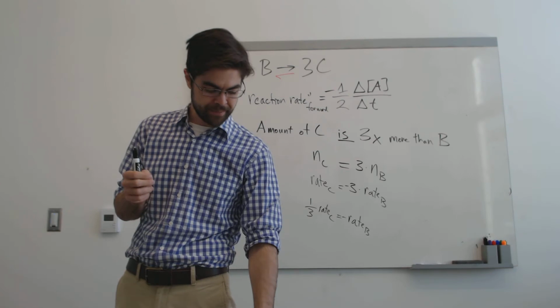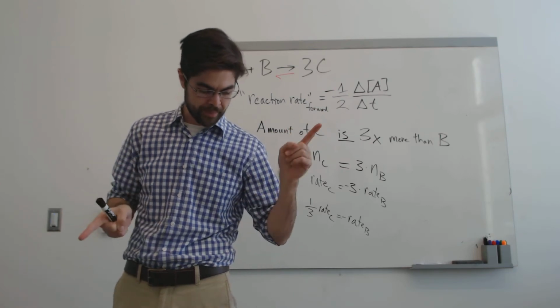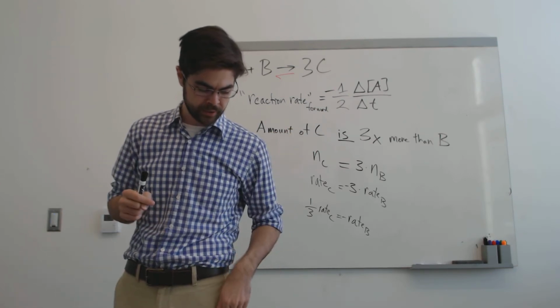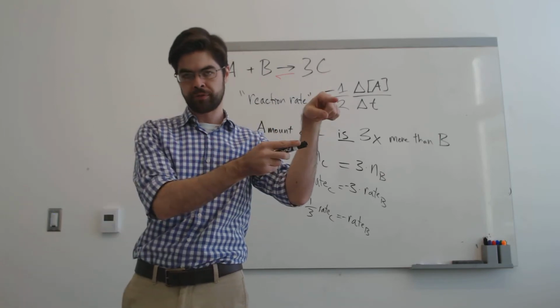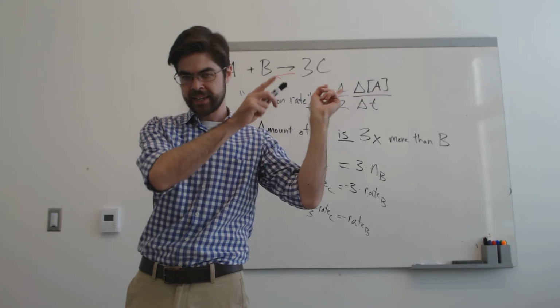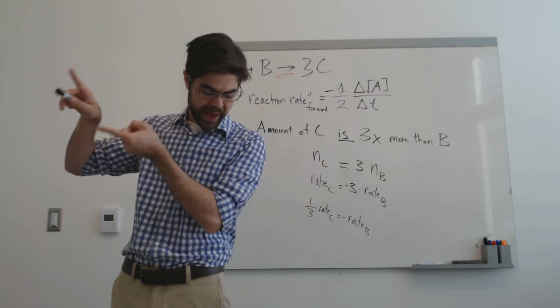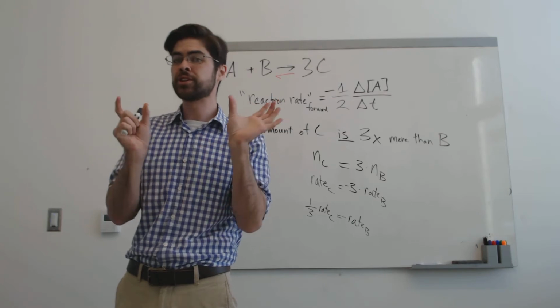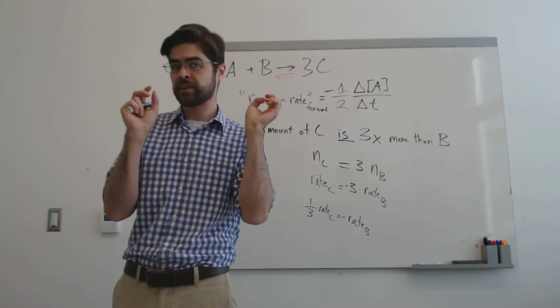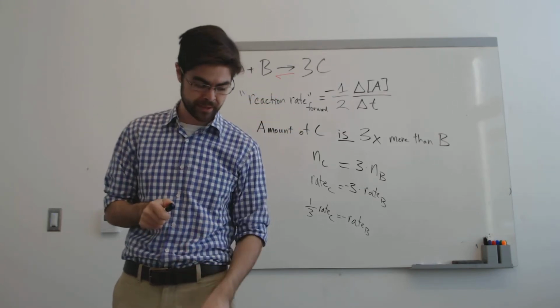So your question was, when they're equal and opposite, does that mean the reaction is at equilibrium? The reaction is at equilibrium when the forward reaction rate is equal to the backwards reaction rate. If they're equal to each other, then they should have the same value and the same sign. So they should both be positive.